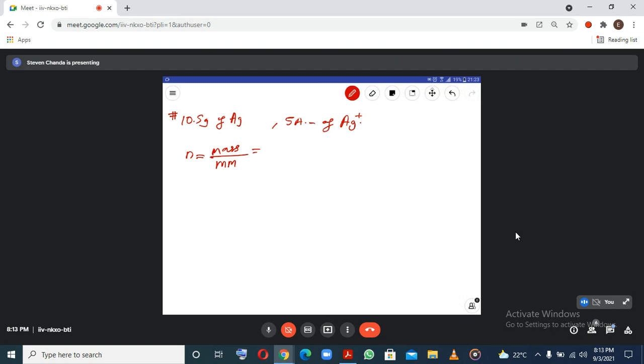So the mass in grams, 10.5 grams, over 107.868 grams per mole of silver.